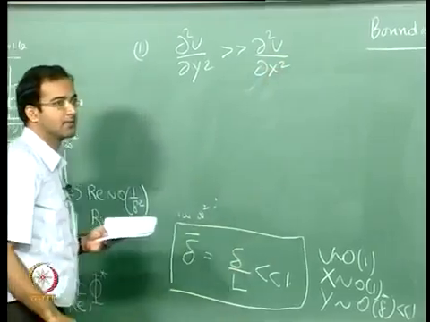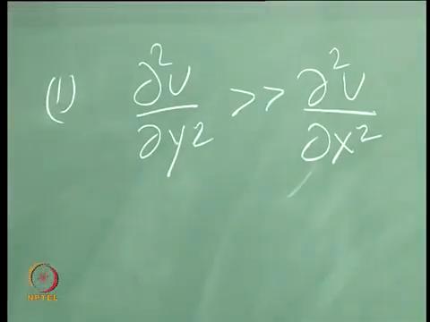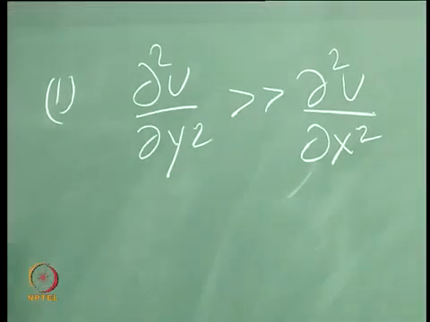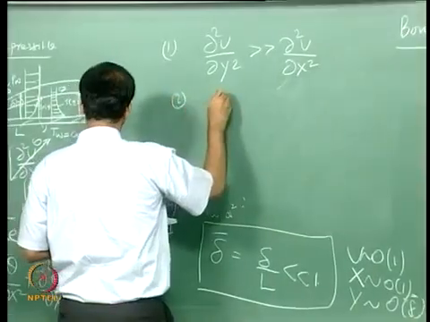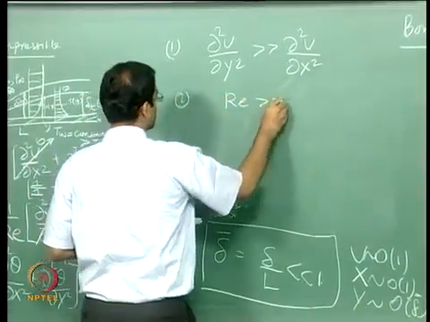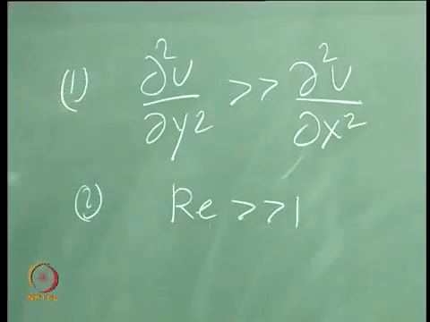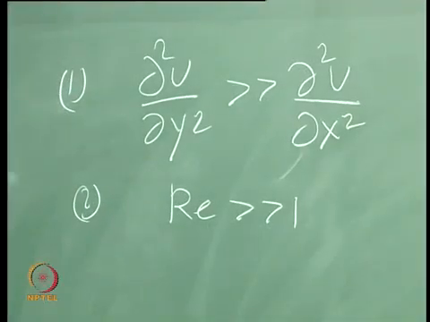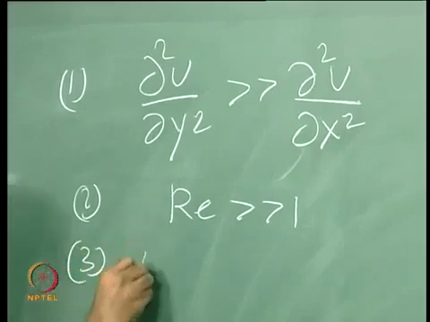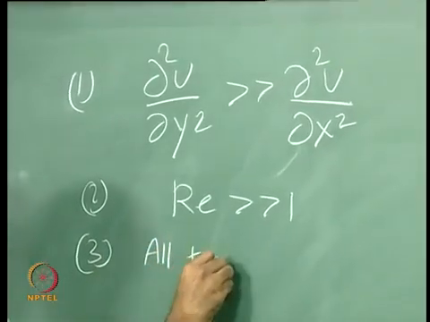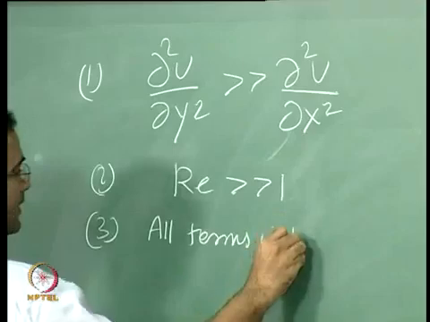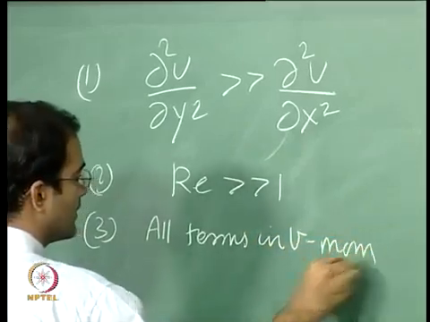This is coming from the x momentum equation, that is the first term that you neglected. Second, your Reynolds number should be quite high, greater than 1. And number 3, all terms in y momentum are negligible.